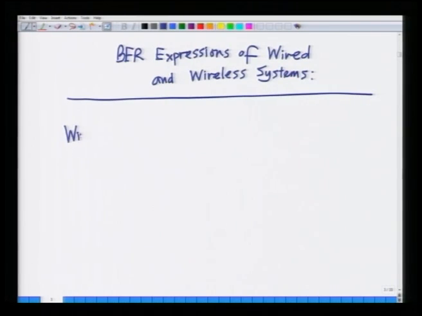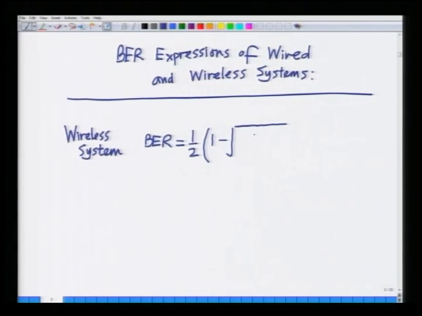In a wireless system, we said the bit error rate equals half times 1 minus SNR over 2 plus SNR, which is approximately equal to, we said, 1 over twice of SNR.